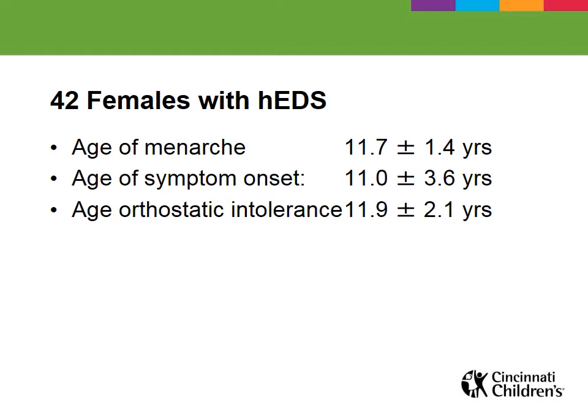The orthostatic intolerance had an average of about 11.9, and all of these were overlapping between 1 to 3 years. So this time period seems to be a critical inflection point in the development of the disorder. What we think this may relate to is the onset of hormonal cycling in females, although we cannot discount the fact that females also go through the growth spurt at about the same time.